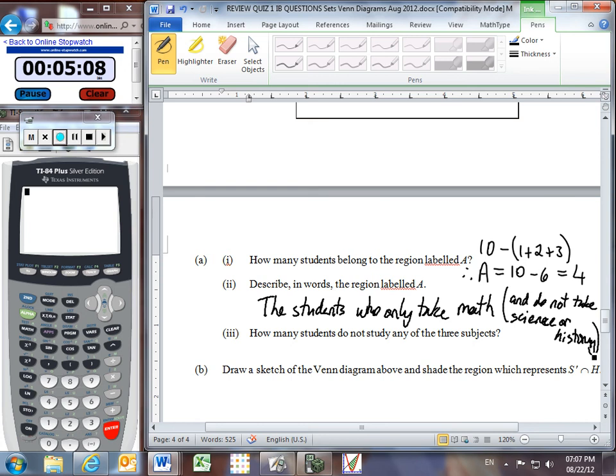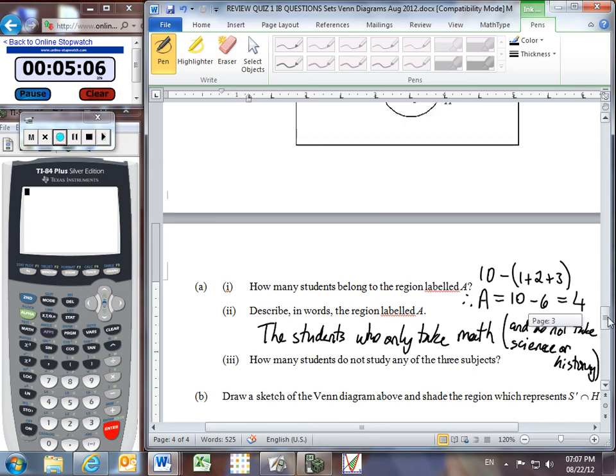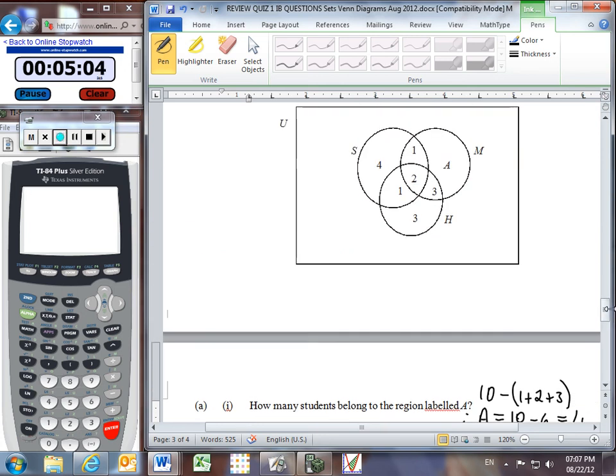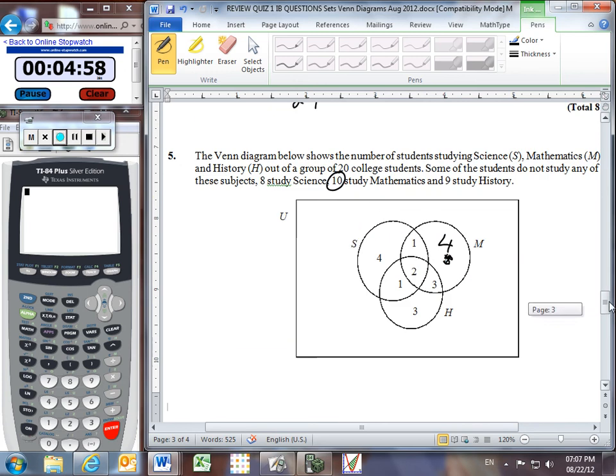How many students do not study any of the 3 subjects? Well, now we know that A is equal to 4. We can remember that there's a total of 20 students in this group. Let's add up everything that we've got so far. 4 plus 1 is 5, plus 4 is 9, plus 1 is 10, plus 2 is 12, plus 3 is 15, plus 3 is 18.